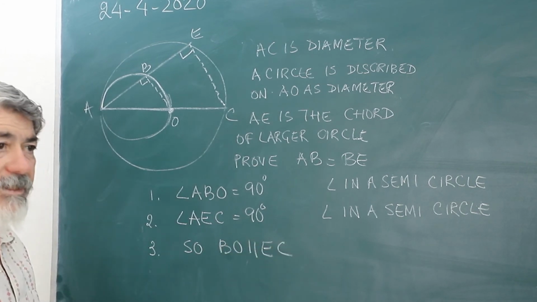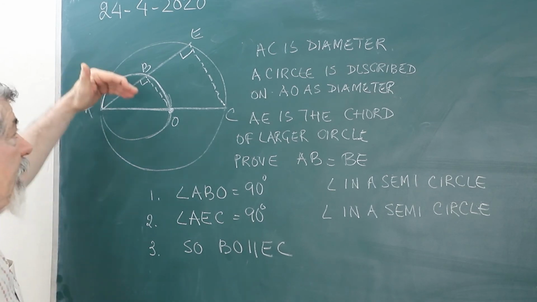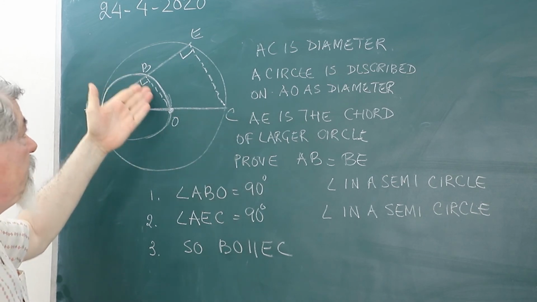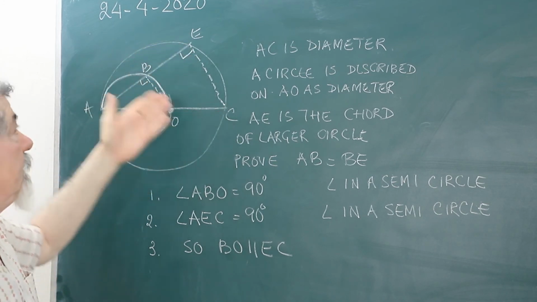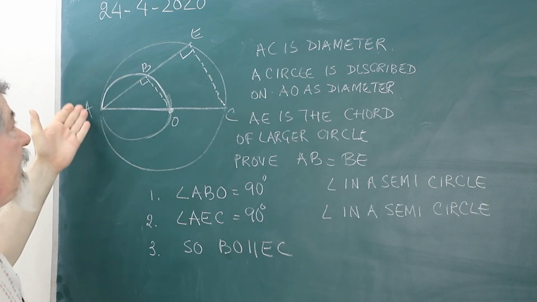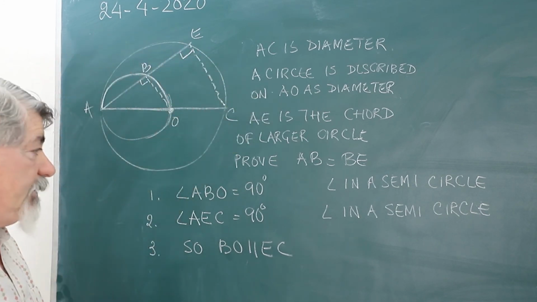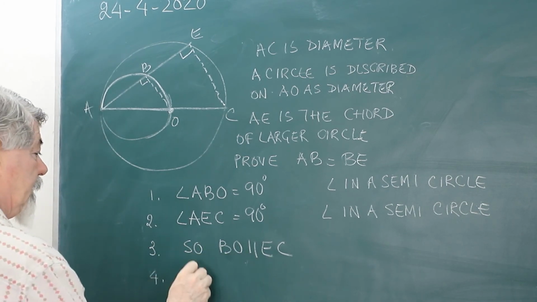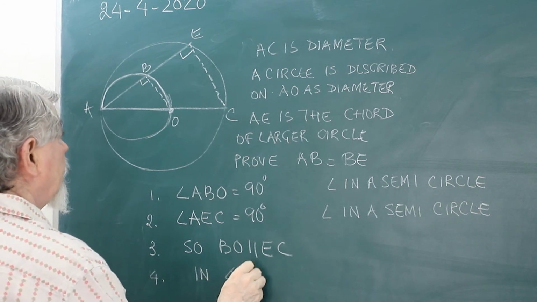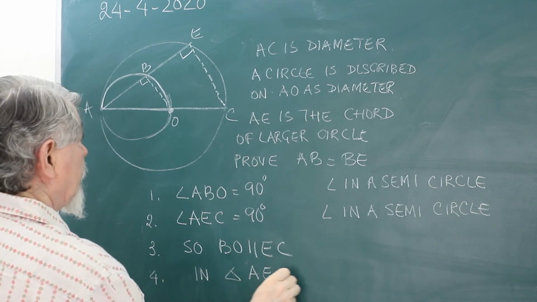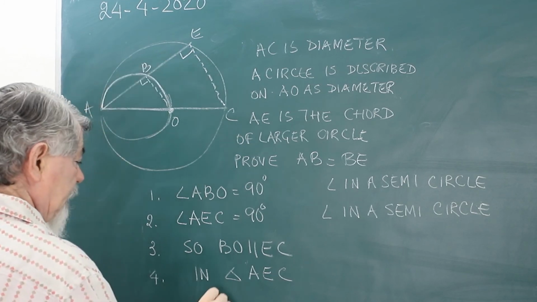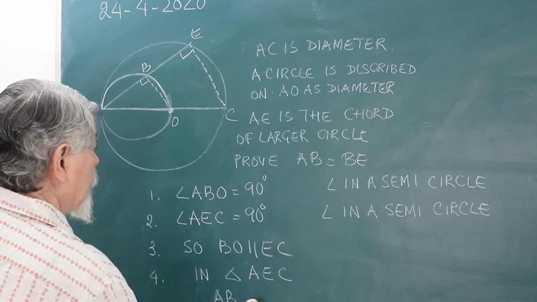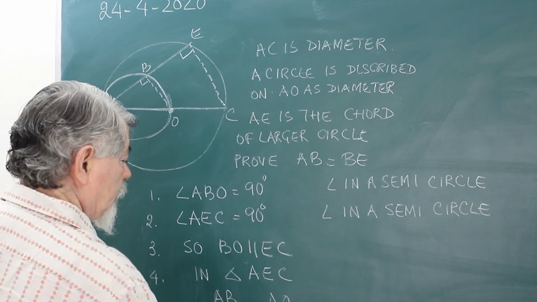We have read a property that if a line is drawn in a triangle, for example, AEC, and I have drawn BO parallel to EC, then this line BO will divide both the sides in the same ratio. So BO is parallel to EC in triangle AEC, and AB upon BE will be equal to AO upon OC.